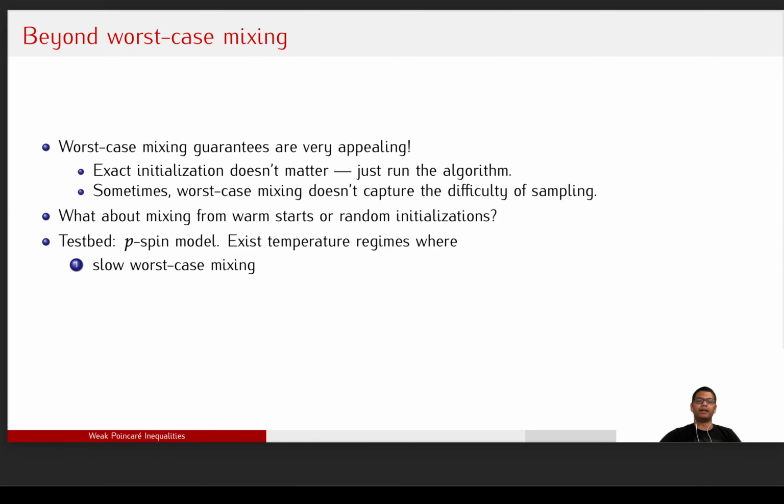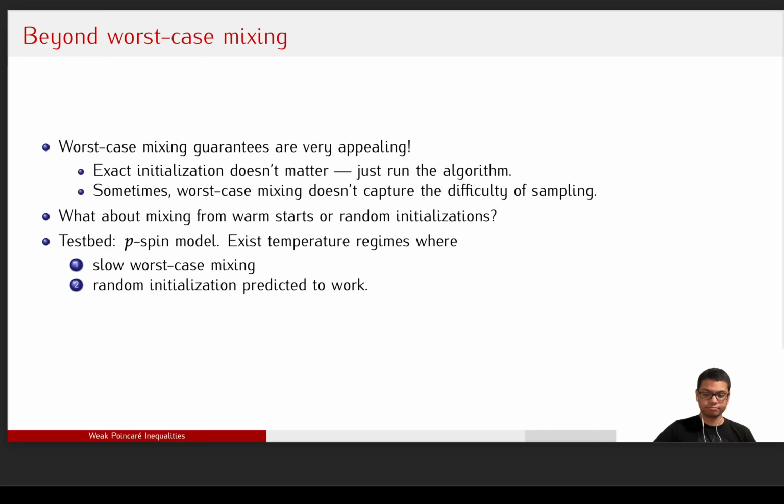So, our test bed for developing these tools is the p-spin model. And this is because it has some desirable properties for studying this phenomenon. In particular, there exist choices of the parameter beta from a few slides ago, which I will refer to as the inverse temperature, for which the Markov chain mixes slowly from a worst case initialization.